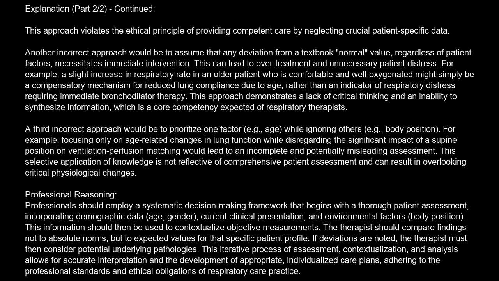If deviations are noted, the therapist must then consider potential underlying pathologies. This iterative process of assessment, contextualization, and analysis allows for accurate interpretation and the development of appropriate, individualized care plans, adhering to the professional standards and ethical obligations of respiratory care practice.